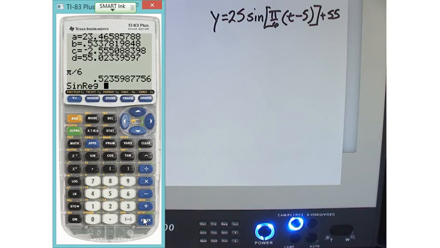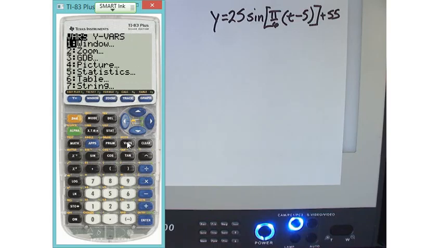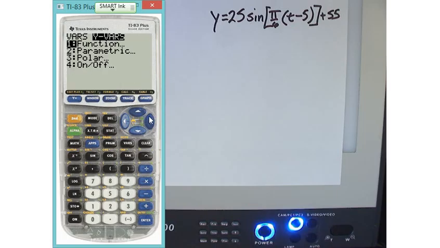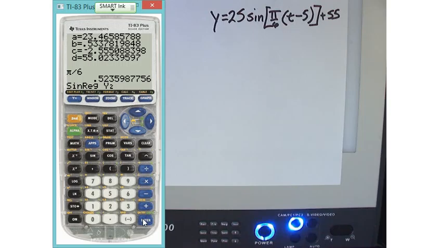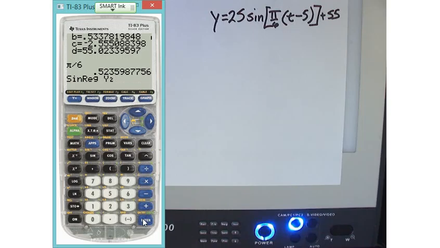By default, it'll automatically choose L1, L2, but I want to save this. So I'm going to hit vars, Y-vars, function. I already have stuff graphed in function number 1, so I'm going to choose function number 2. Graph. Watch this.